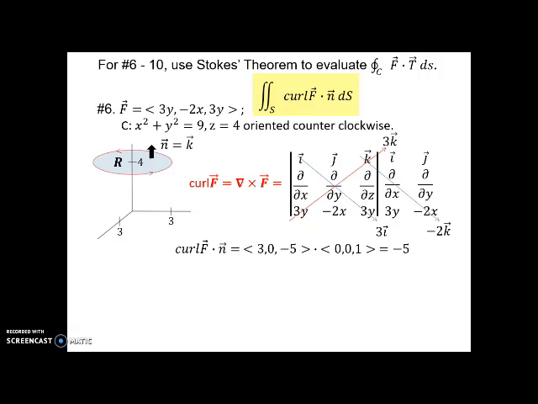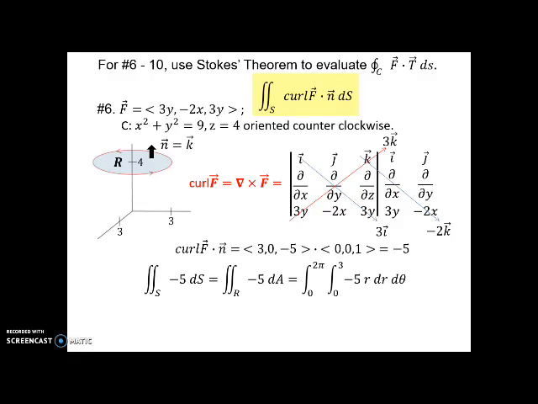And r is just that circle, and it's flat. So we can change dS to dA and integrate over r. And since it's circular, best thing to do is to switch to polar. And r goes from 0 to 3 because it's x squared plus y squared equals 9. So the radius is 3. And then dA becomes r dr d theta.